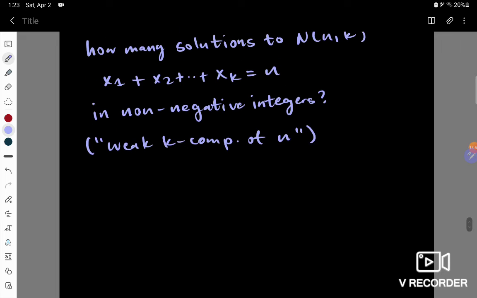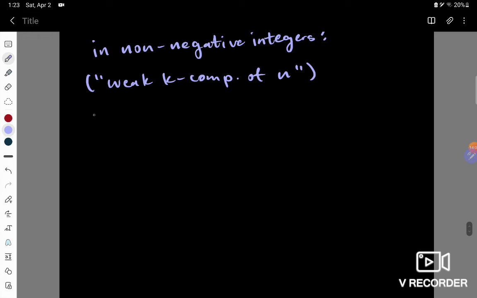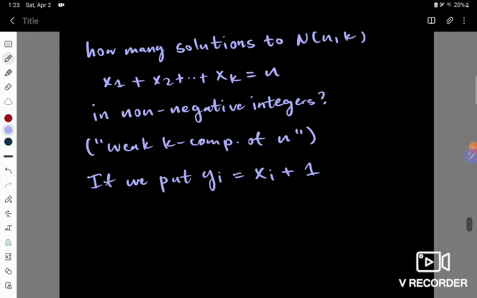So if we put y sub i equals x sub i plus 1, we have this new y sub i for each corresponding x i in the sum here.